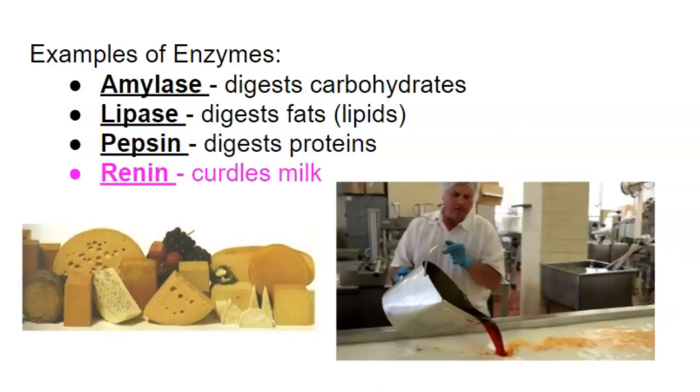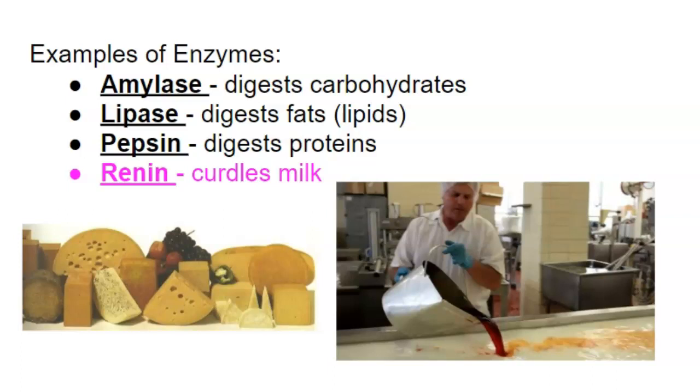And then an enzyme we're going to learn about today or tomorrow is called renin. And renin is an enzyme that curdles milk. We're going to learn that it's found in the stomach of many newborn mammals. They drink milk. It's also used to make cheese.